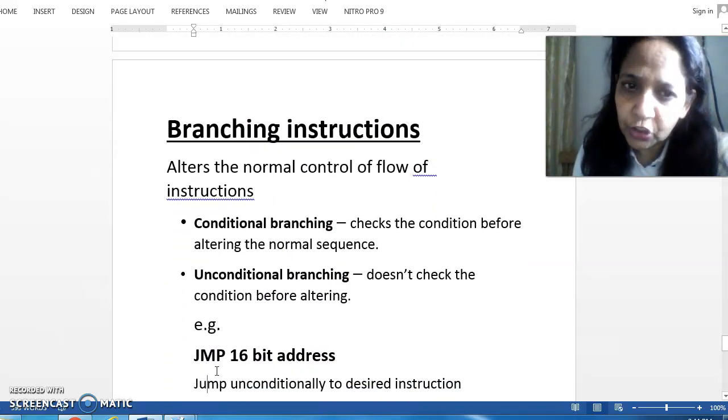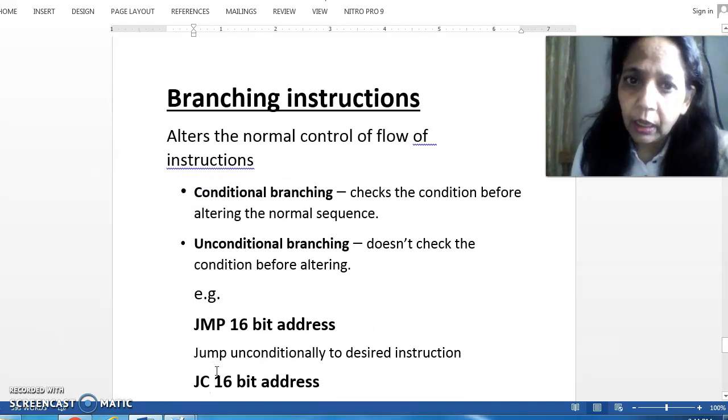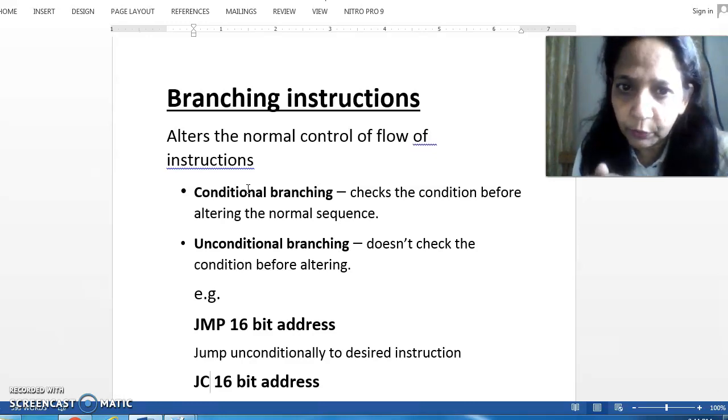In case of branching instructions, why are they used? Usually the instructions are executed one after another, sequentially. That is the normal sequence of the instructions. But when you want to alter the normal flow of control of the instructions, then we use the branching instructions.